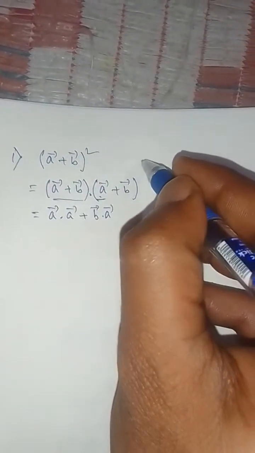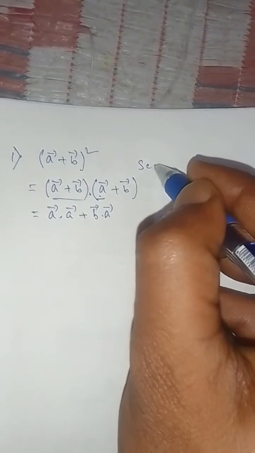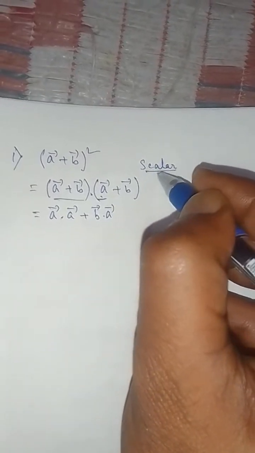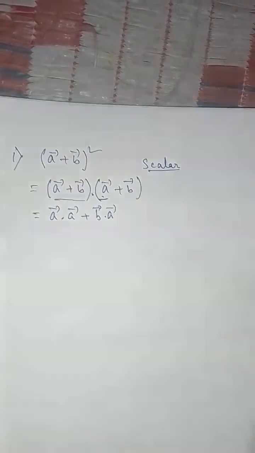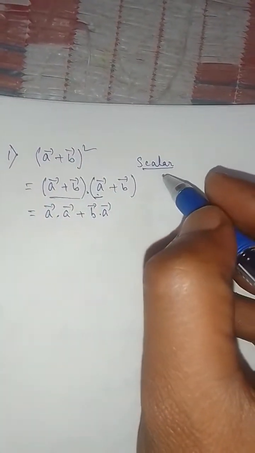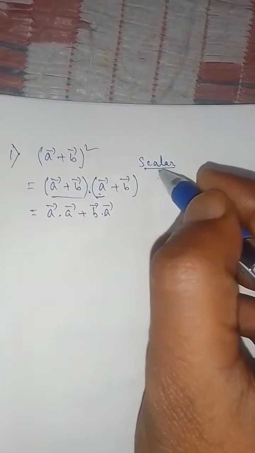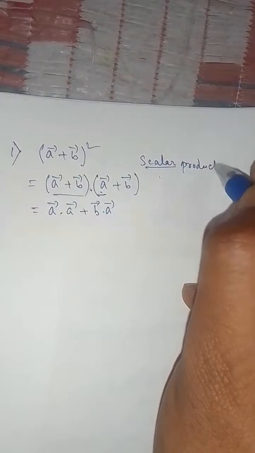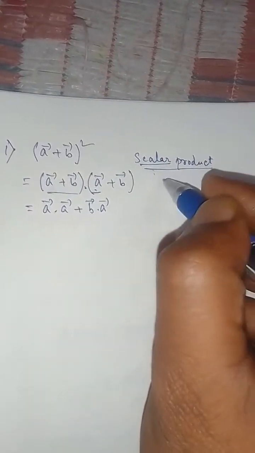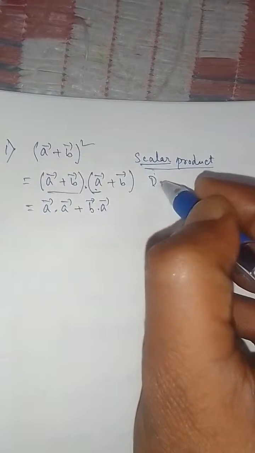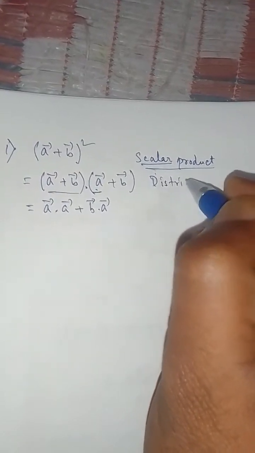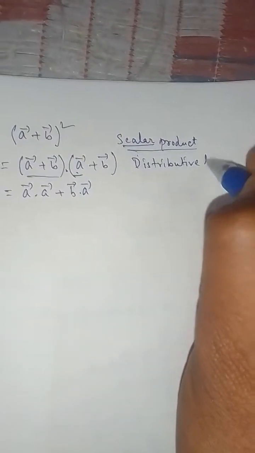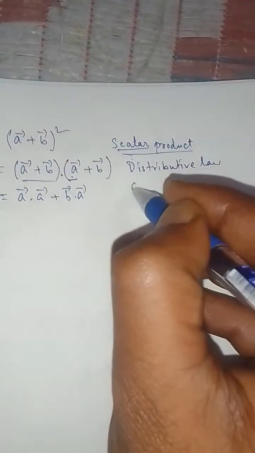Square dot product satisfies distributive law and commutative law both.